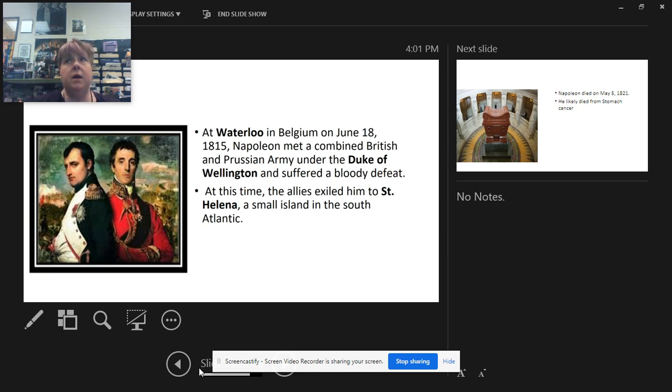At this time, his allies turn him over. They gathered him together, and they exiled him to an island off of the coast of Africa called St. Helena. And Miss Brewer in her notes talks about it took 10 weeks to get there. He is guarded night and day, and so he cannot escape again.